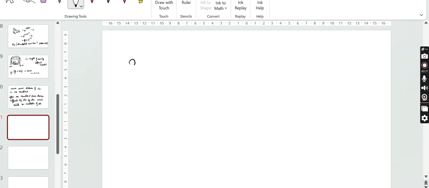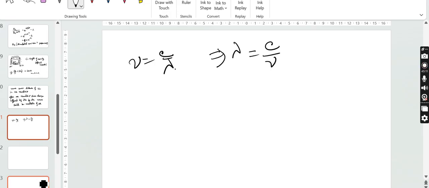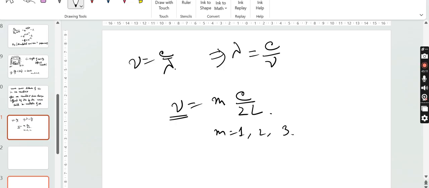So nu is m times c by 2L. Here m is 1, 2, 3.